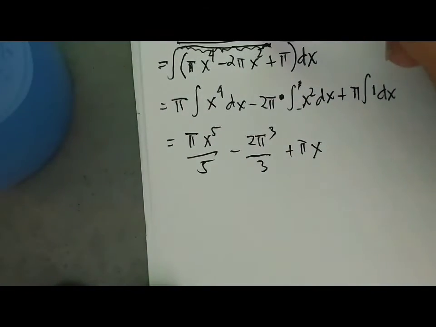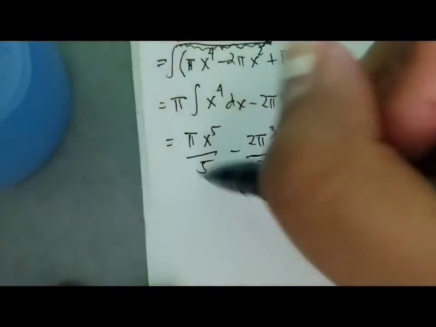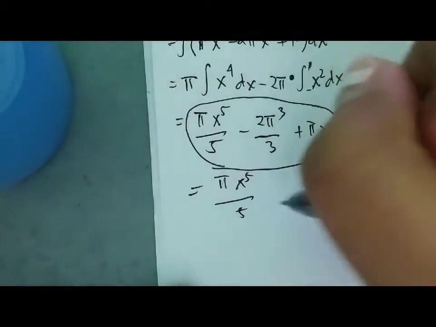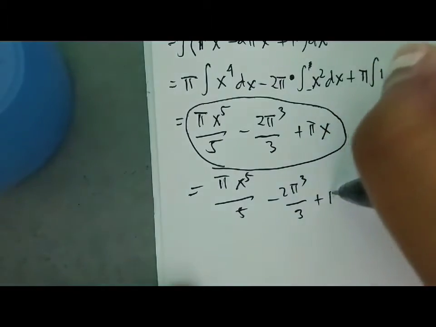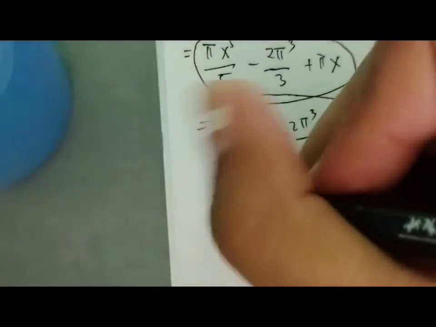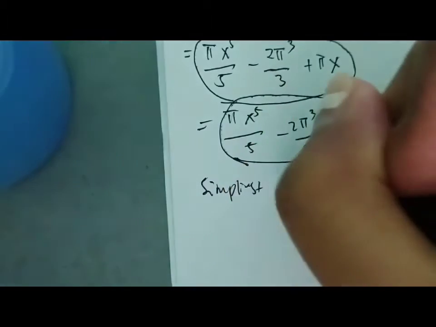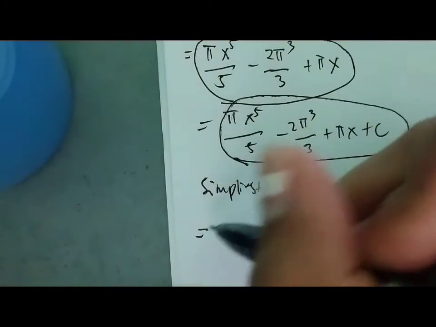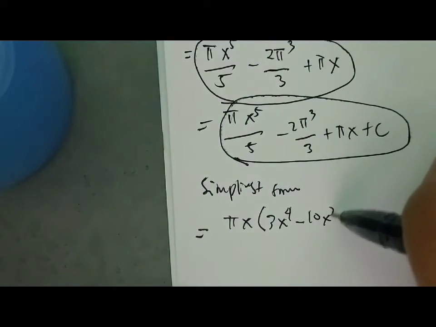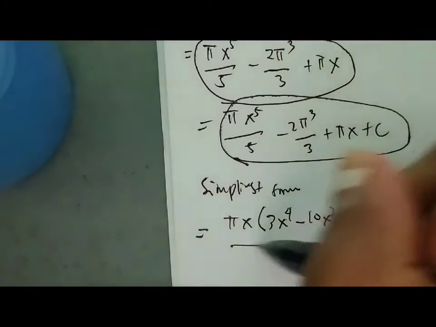Integral pi (1 minus x squared) squared dx is equal to pi x to the fifth over 5 minus 2 pi x cubed over 3 plus pi x plus c. Or in simplest form, it is pi x times (3x to the fourth minus 10x squared plus 15) over 15 plus c.